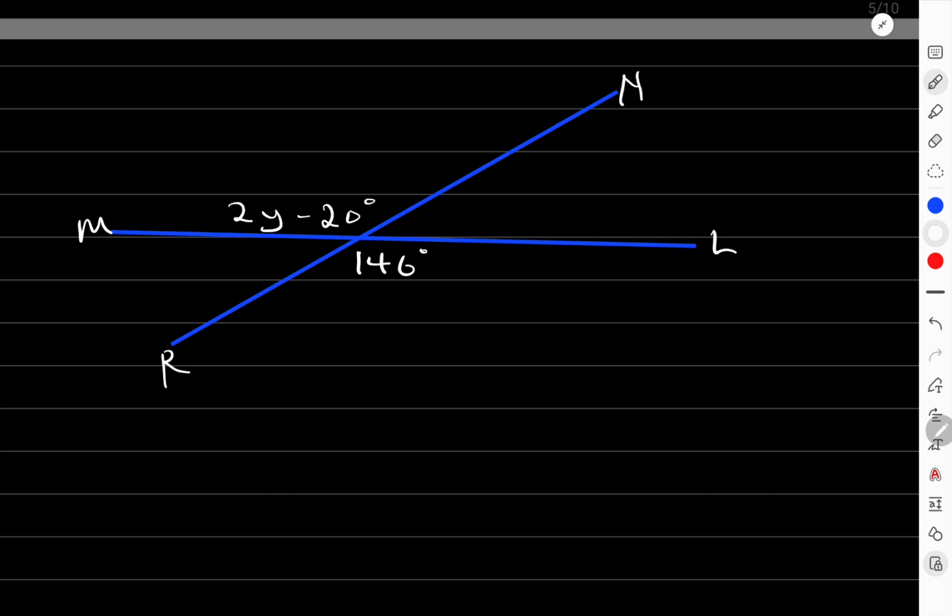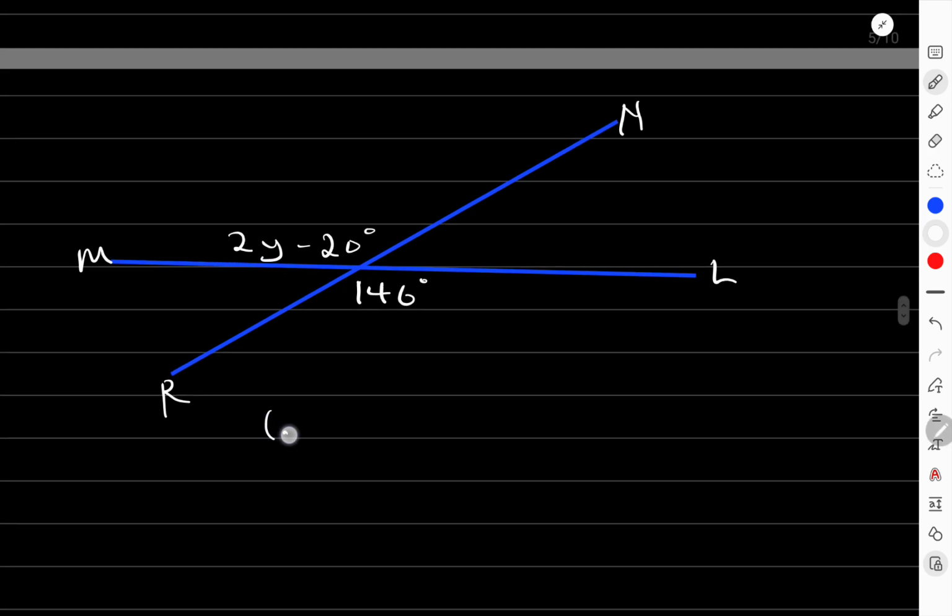I'm required to calculate the value of y.